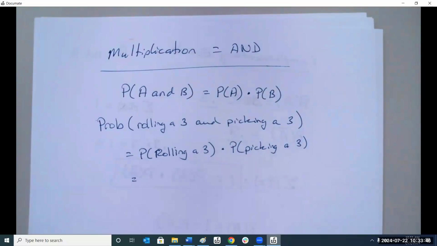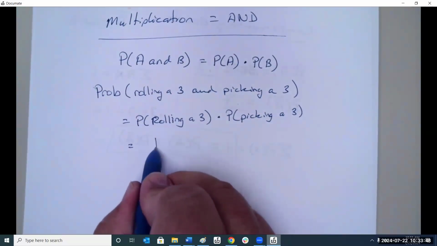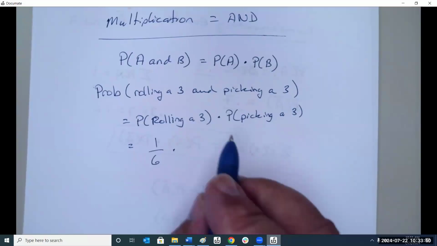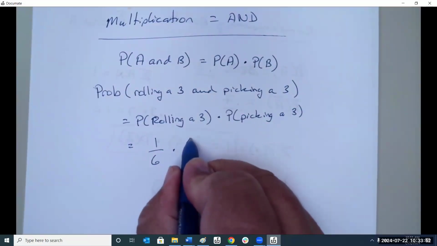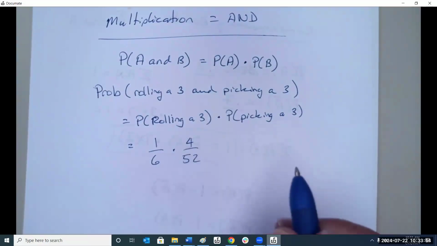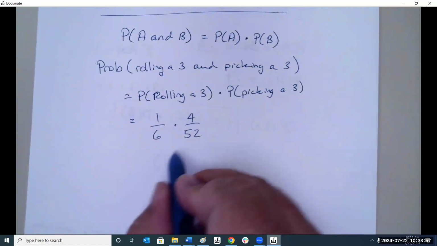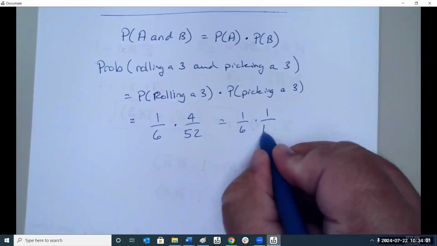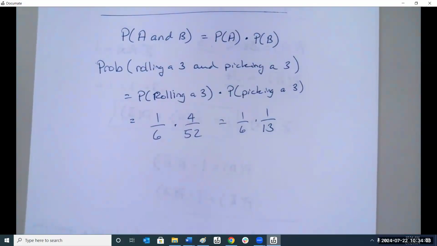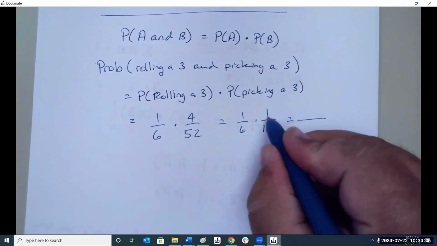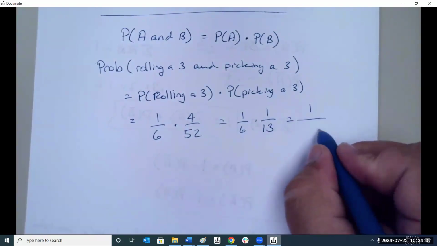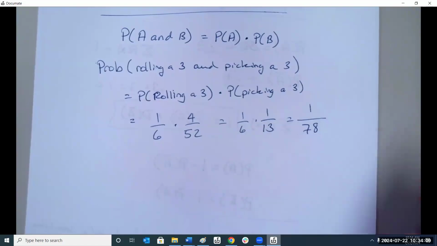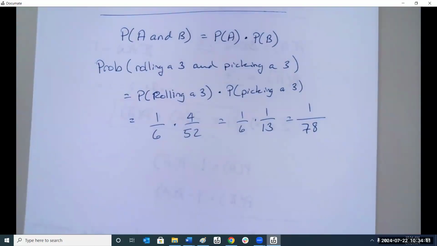What's the probability of rolling a 3? 1 out of 6. Probability of picking a 3? 4 over 52. Right. So we simplify the 4 over 52 is 1 over 13. 1 times 1 is 1, 6 times 13. So it's 1 over 78.